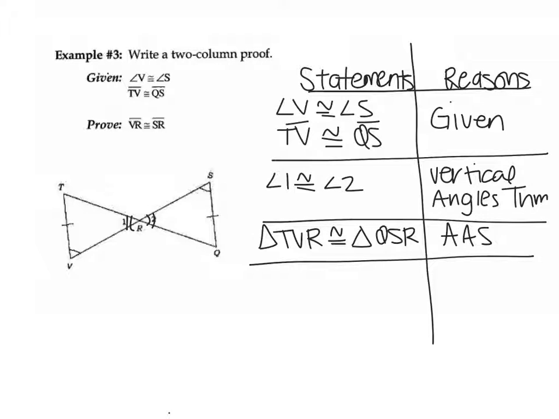So I can now say that VR is congruent to SR. And my reason, instead of writing out corresponding parts of congruent triangles are congruent, I'm going to abbreviate it as CPCTC. And we're done because we've proven that the two sides are congruent.